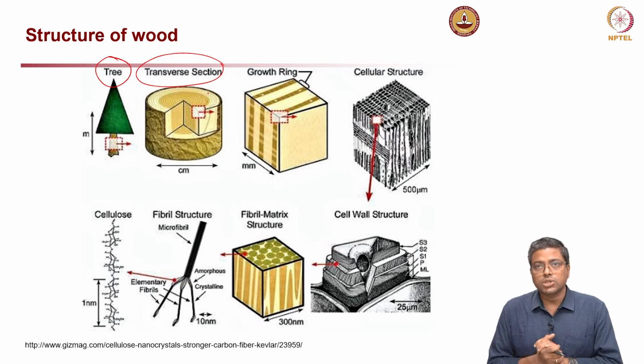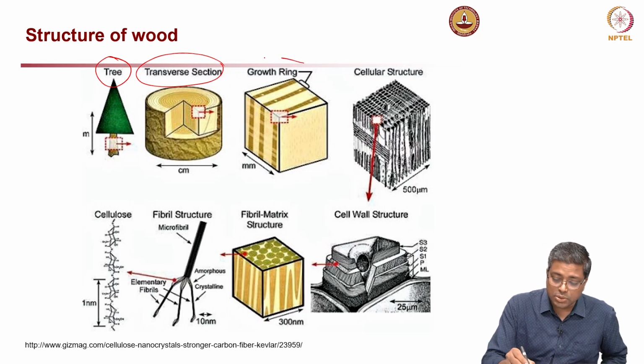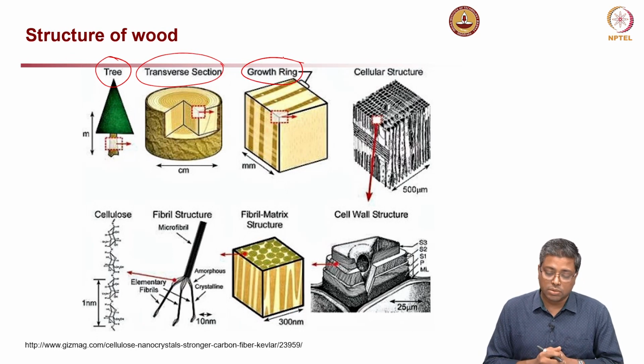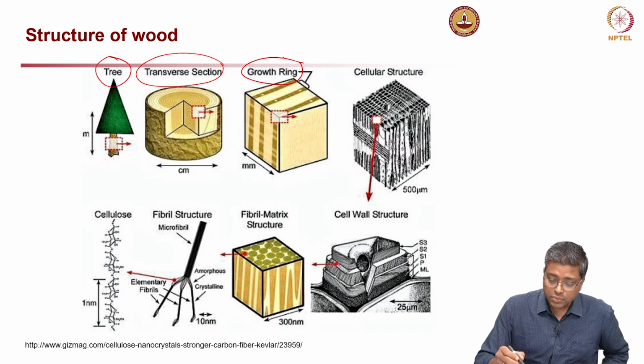Now, the third one is showing the rings which we talked about, the growth rings. Very clearly you can see the growth rings. You can see the early wood and late wood here.